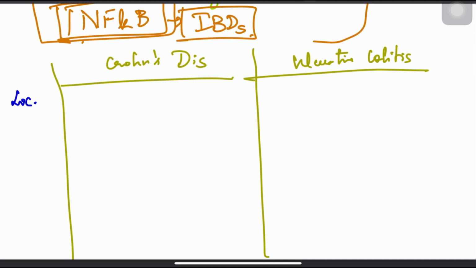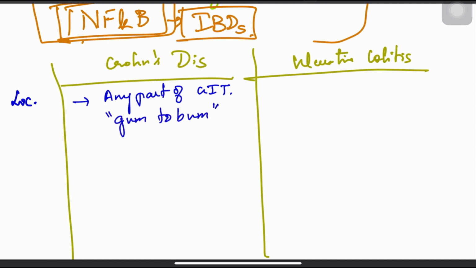Coming to location, Crohn's disease usually involves any part of the GIT. There's no restriction. We call it, in a funny way, gum to bum. So it can happen anywhere throughout the GIT. Coming to ulcerative colitis, it is usually isolated to the large bowel.